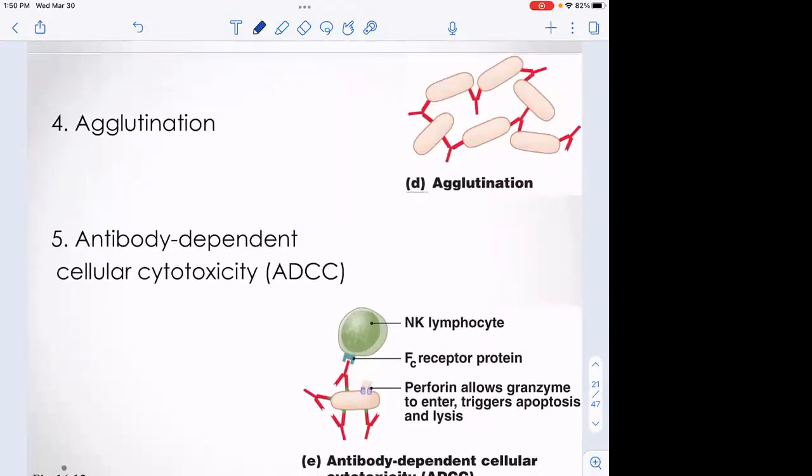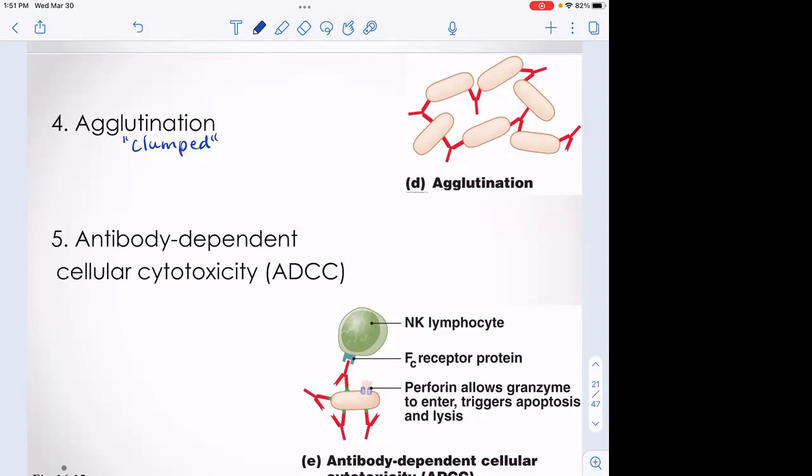And two more ways that antibody works, agglutination. If something is agglutinated, it means it's clumped up. We've mentioned already that lots of aspects of our immunity tend to function better and tend to notice larger molecules better.